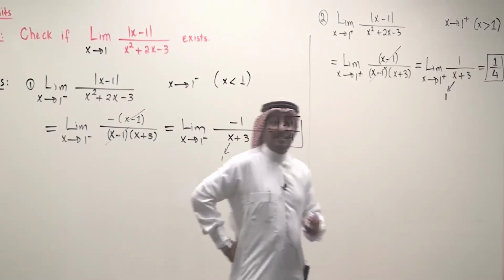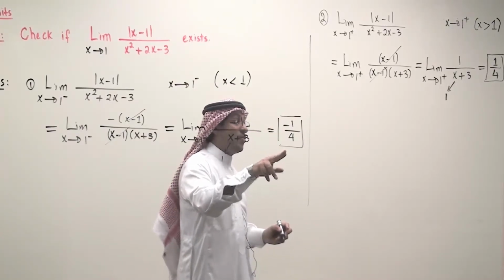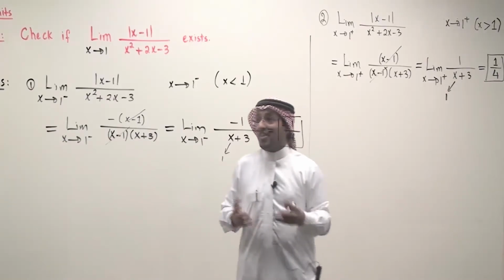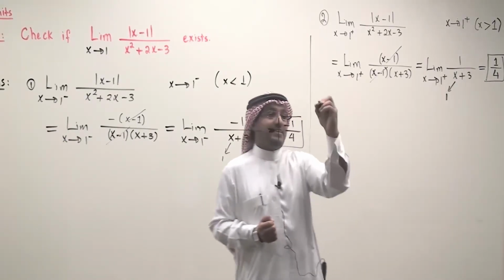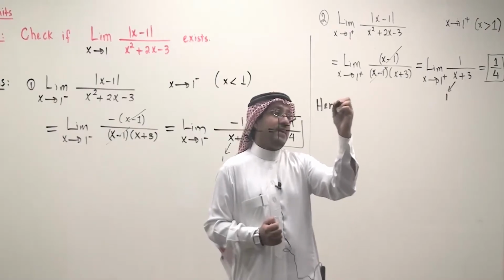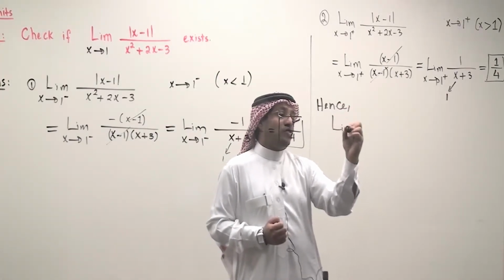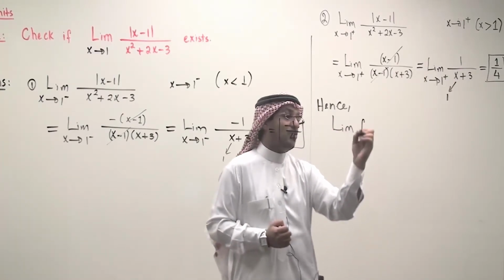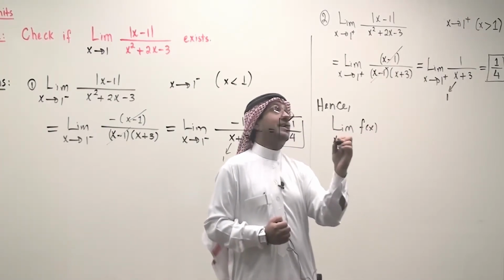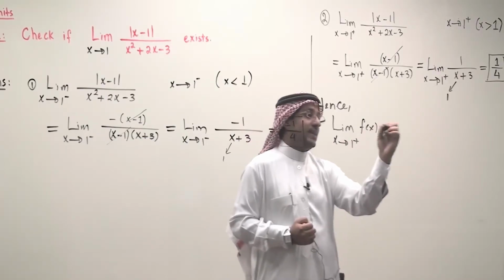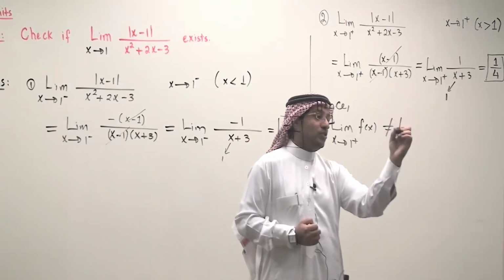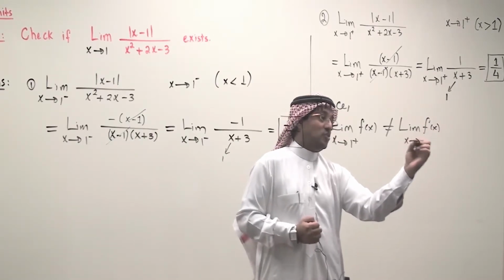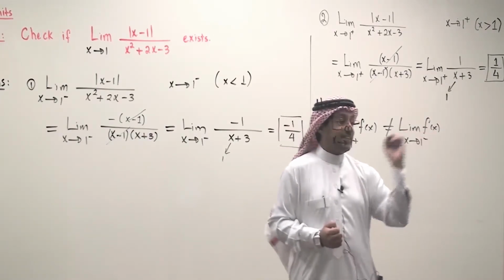As you see here, the first limit was negative 1 over 4, while the second limit is 1 over 4. They are different, okay? Hence, the limit of the function, I will call it f of x, as x goes to 1 from right is not equal to the limit of f of x as x goes to 1 from left, right?